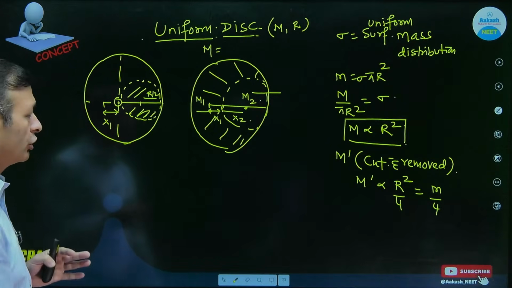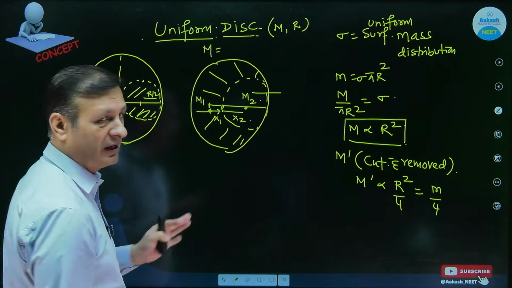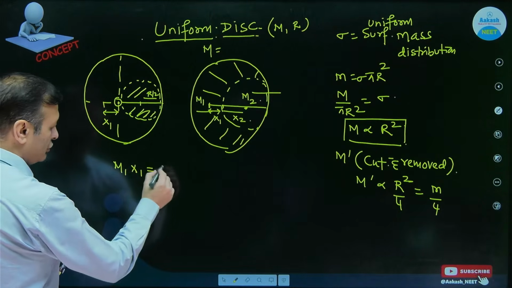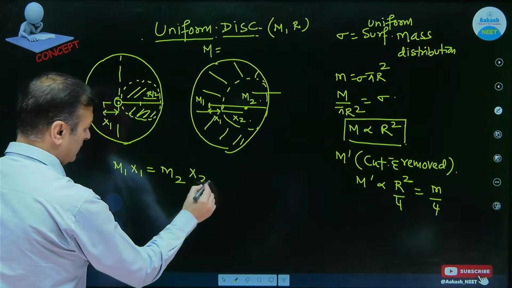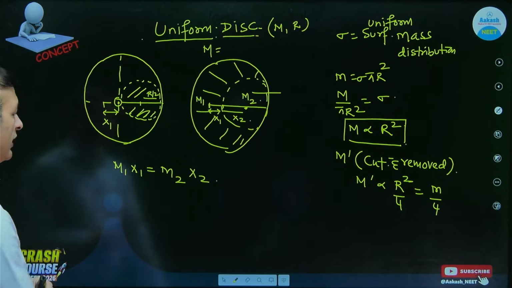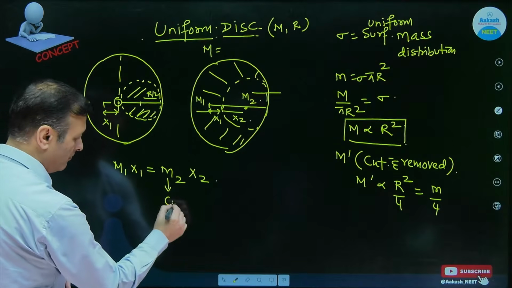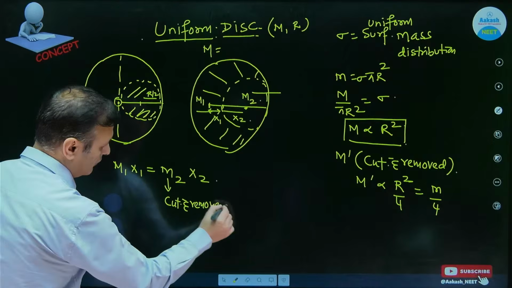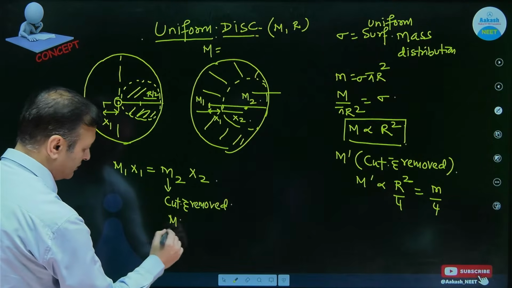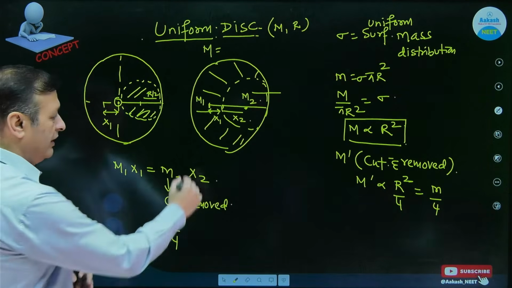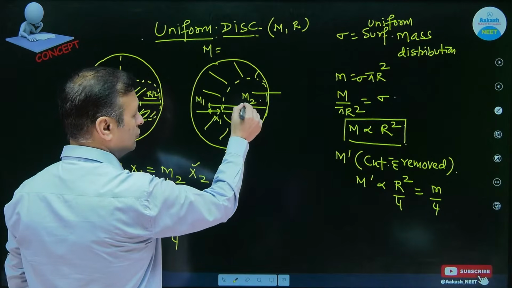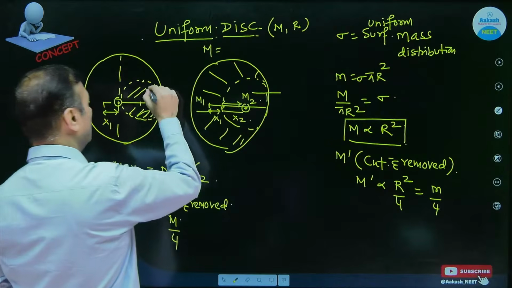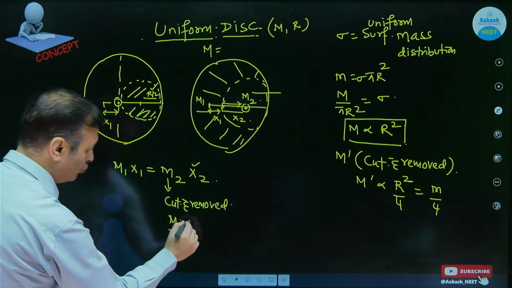I'll be giving you a shortcut to attempt this part. I will not get into the detail. Whenever you have this kind of situation, we simply put it as m1 x1 equal to m2 x2. Here m2 is the part which is cut and removed, and this mass is m by 4, and x2 is the original center of mass position, given as r by 2.